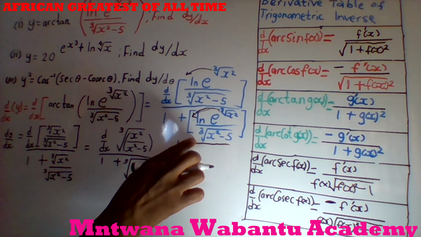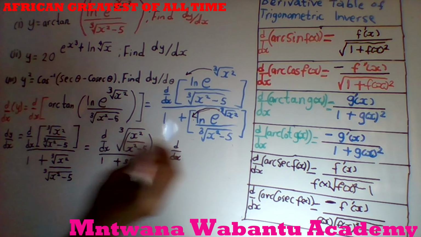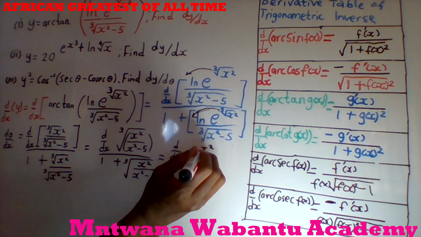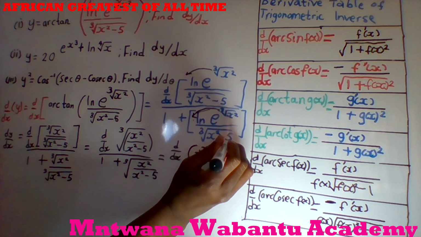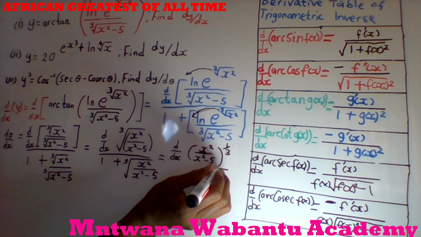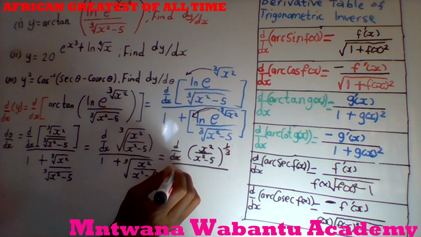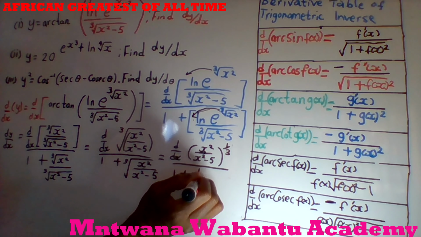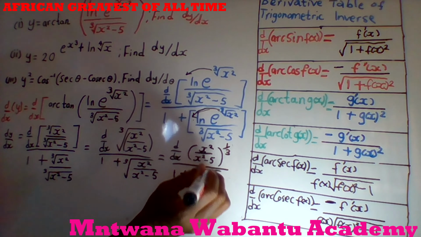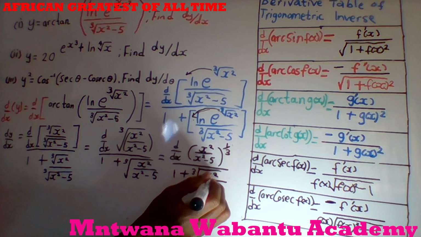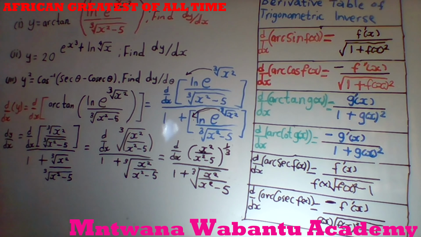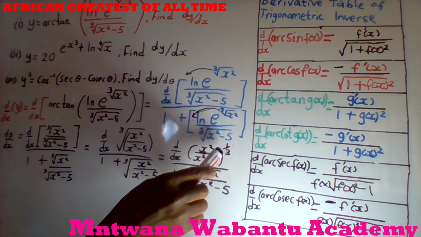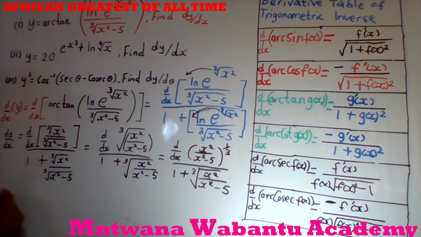I'm not going to write the root anymore. I'm going to say x squared over x squared minus 5, power 1 over 3. Now this also is going to become 1 plus cube root of x squared over x squared minus 5. So I'm going to differentiate as a power rule. So I have all this stuff. 1 over 3 is going to go to the back.